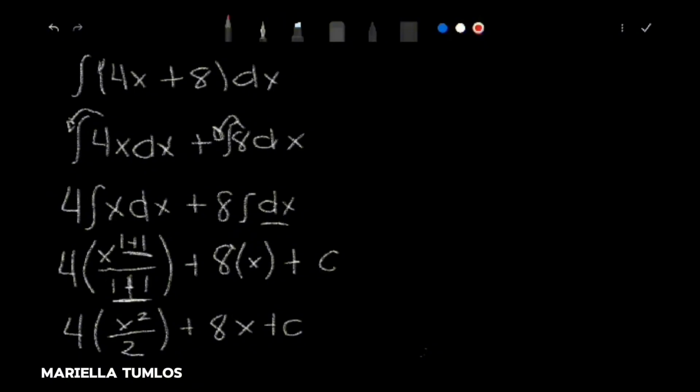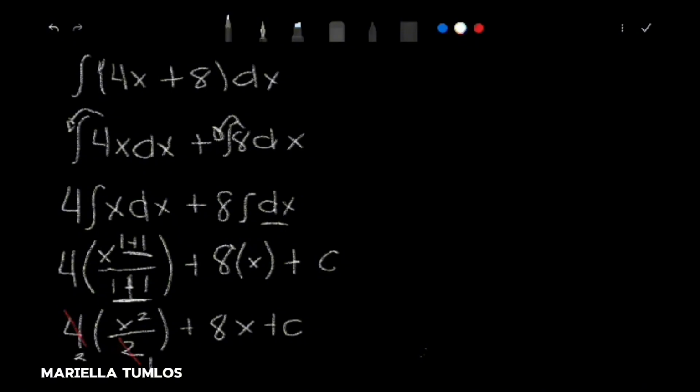As you can see in here, we can already cancel the 2 and the 4 because they are divisible by 2. So what is left on the 2 is 1 and on the 4 is 2.